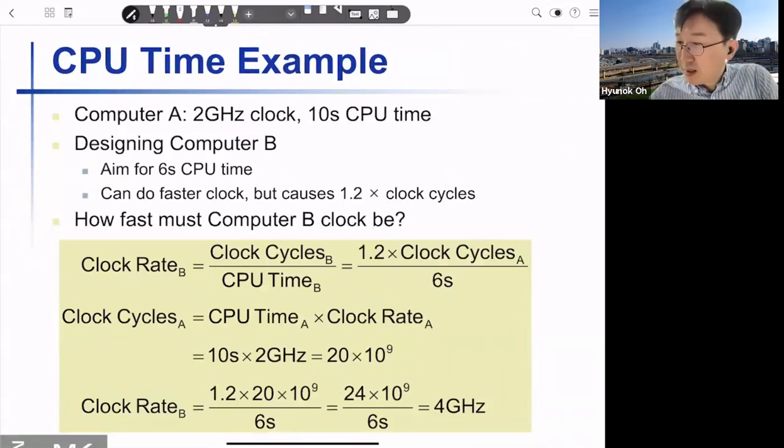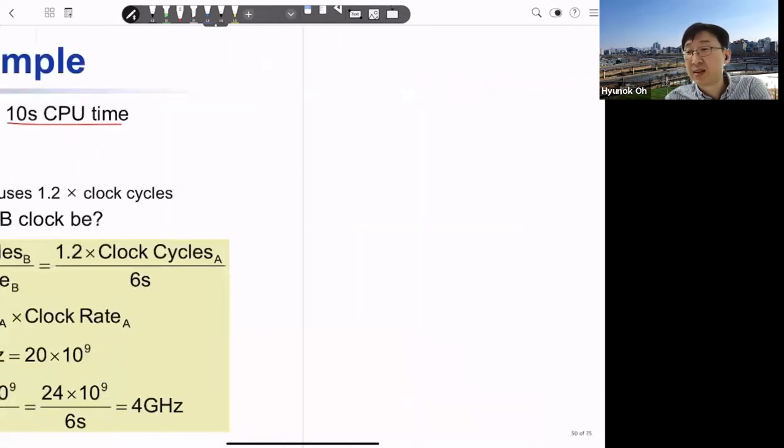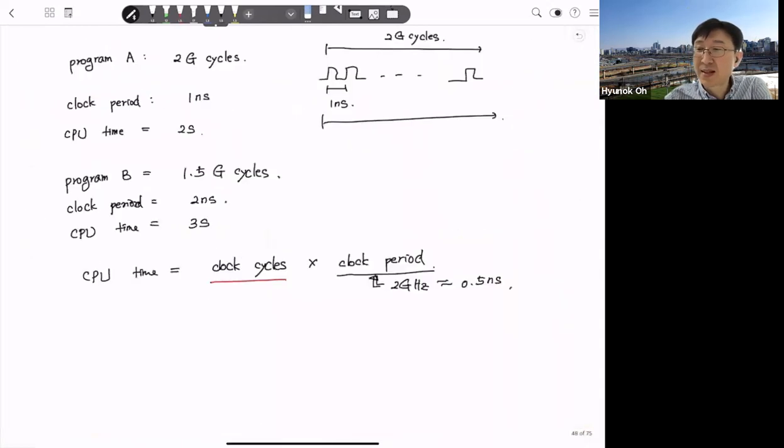So here, this is an example. We have a computer A, which has a 2 gigahertz clock. To complete this program on computer A, we need 10 seconds of CPU time. So the clock frequency is 2 gigahertz and CPU time is 10 seconds.